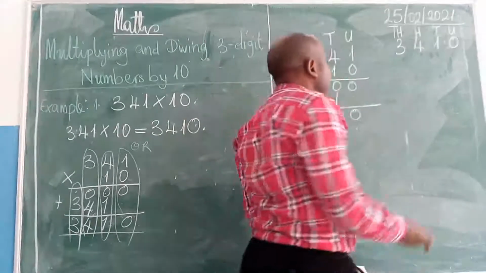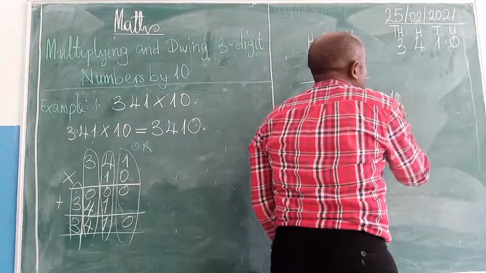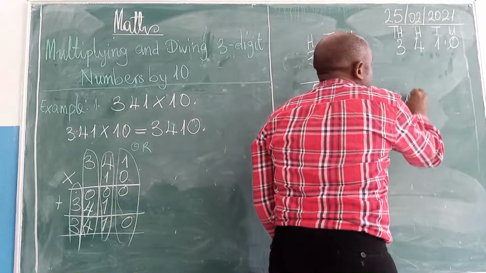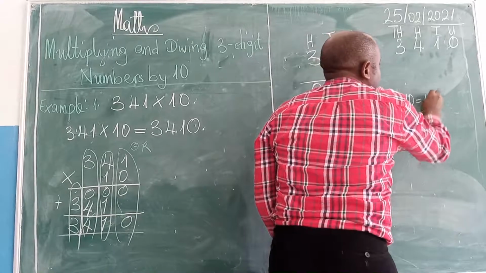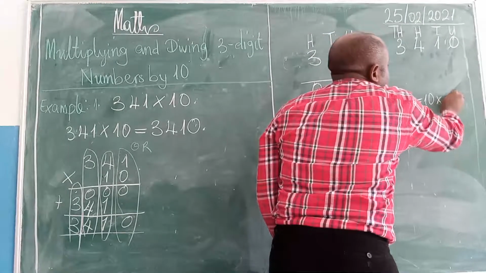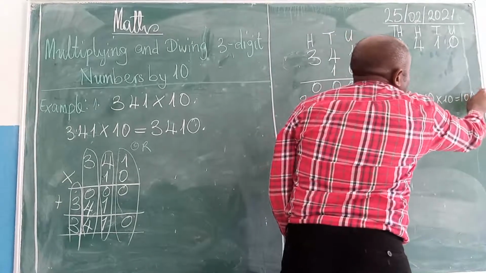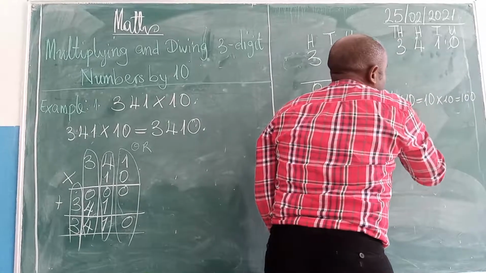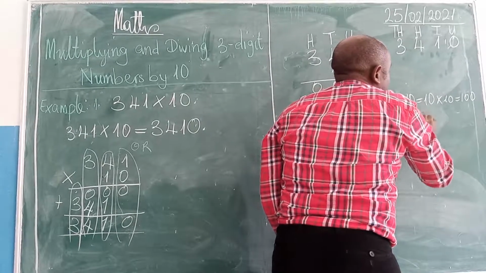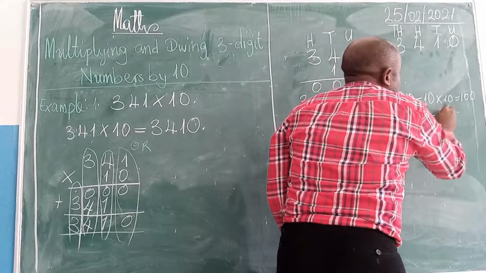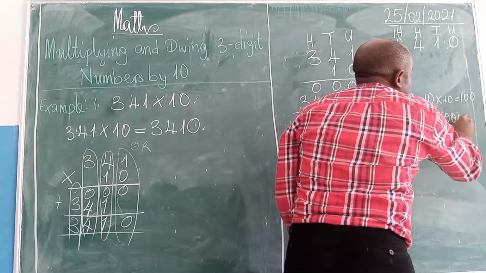And if we have, say, 1 times 10, it gives me 10. 10 times 10, it gives me 100. 100 times 10, it gives me 1,000.